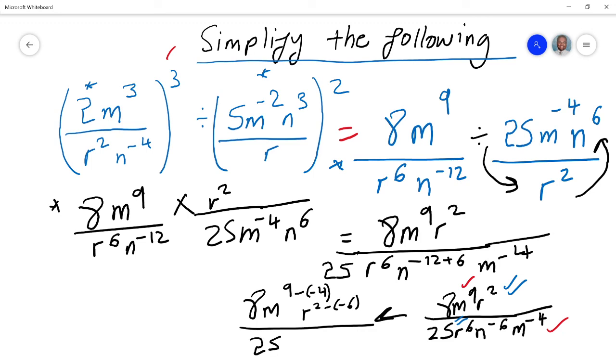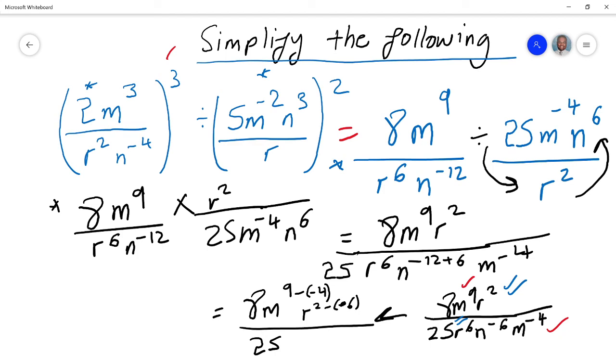All right, so what I've now done is I've simply used the rule of division of index powers where you subtract the powers. So you're going to get 8 m to the power 9 minus 4 and r to the power 2 minus 6. All right, so that's actually minus 6, not plus 6, because you got a 6 there.